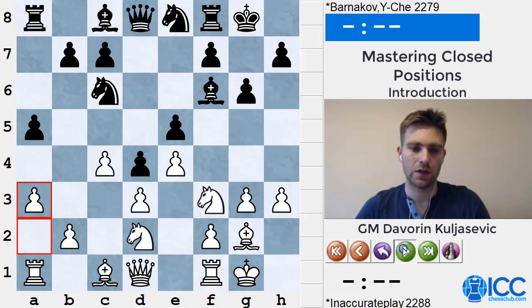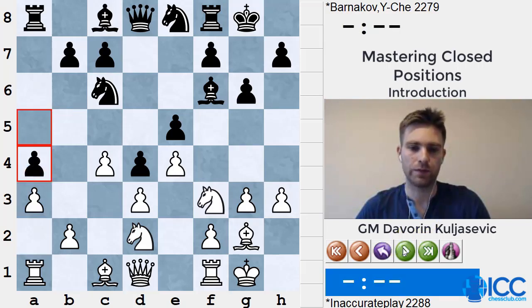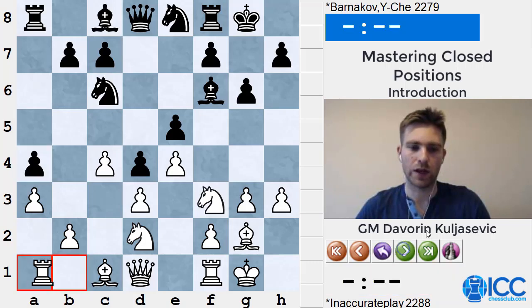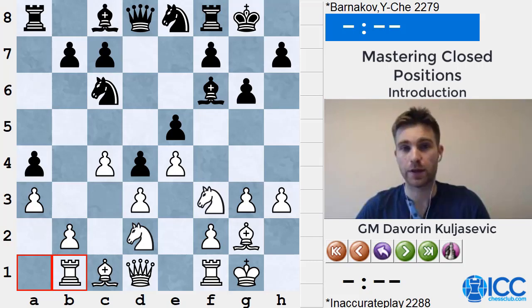We'll see. So, of course, black played a4, and then white played rook b1. White is not supposed to play on this flank. He is worse there. His main plan should be f4. And he is aware that he should play f4, but somehow he's trying to play on both flanks, and really he's not in the position to do that.